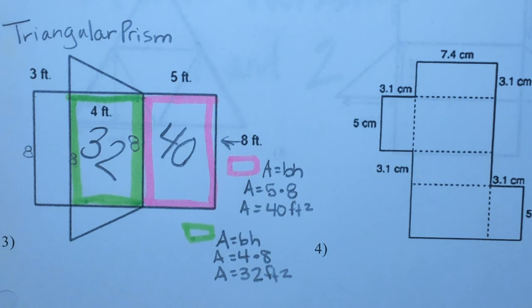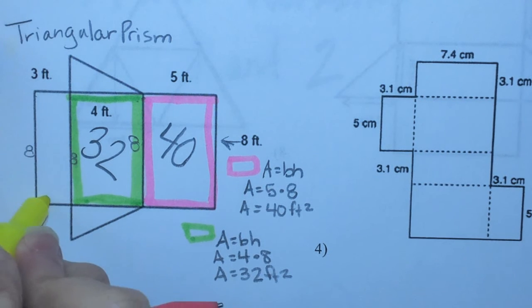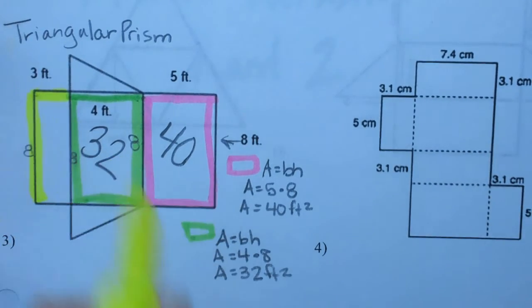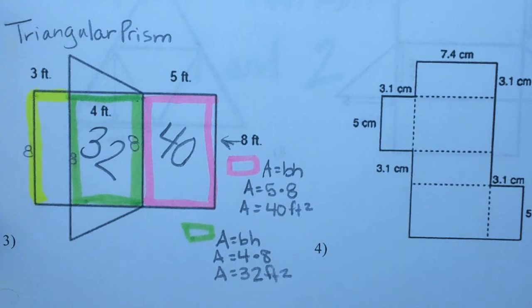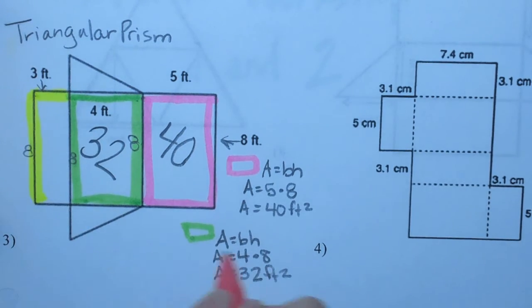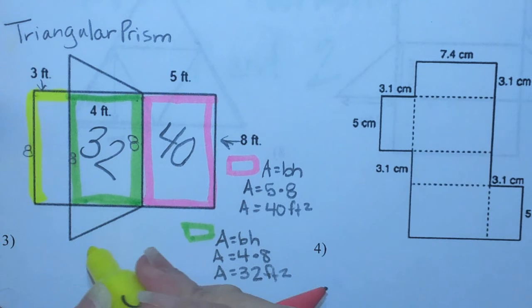Okay, go into the, we'll call it yellow rectangle. Okay, this one's an 8, but what is this? 3, yes, that should be right there. So it is a 3 by 8 or 8 by 3.